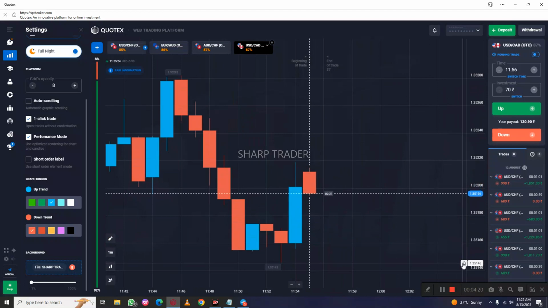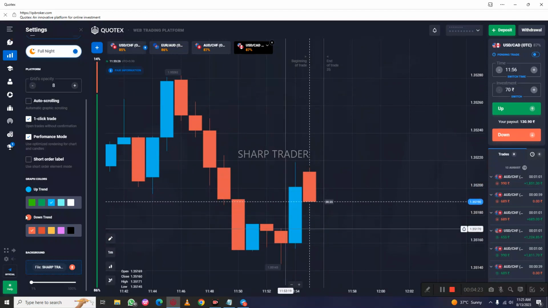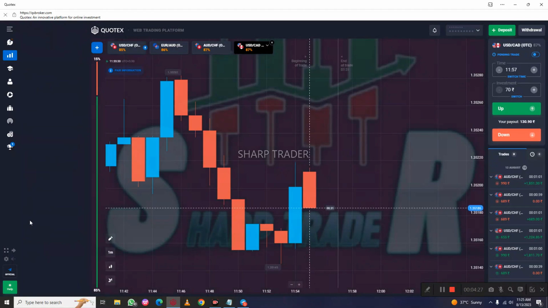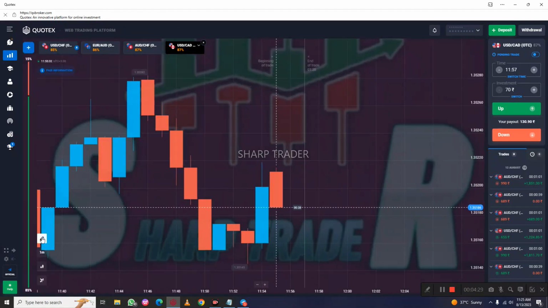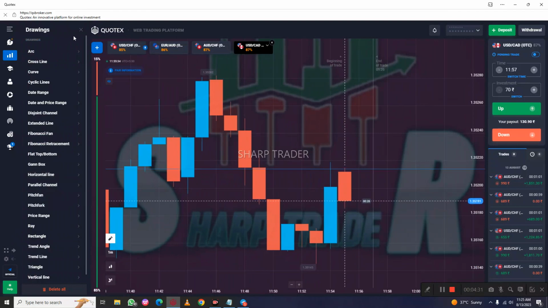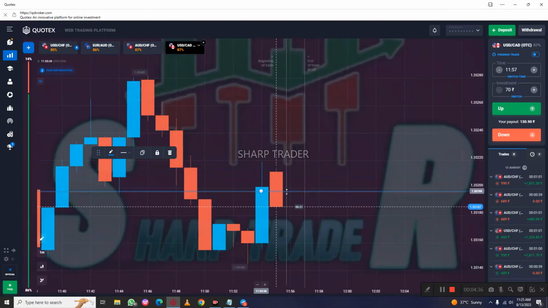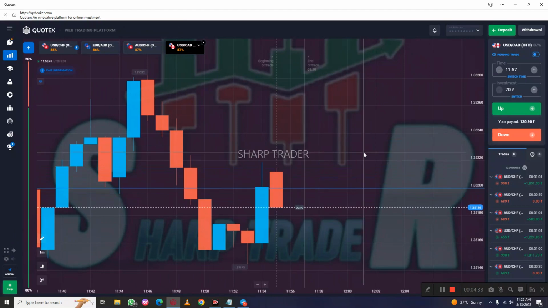So for our round number line, we will simply take some horizontal lines and place them on this grid line.